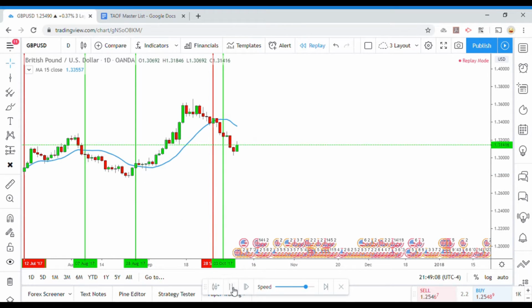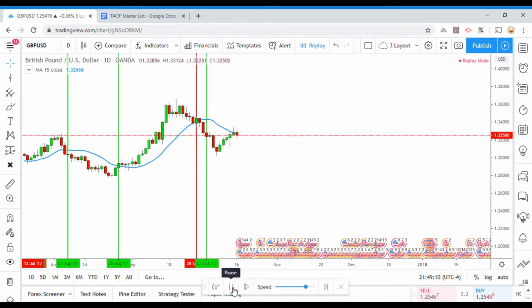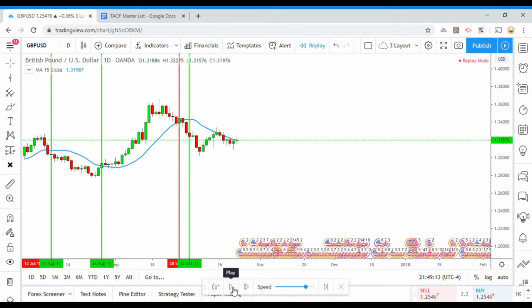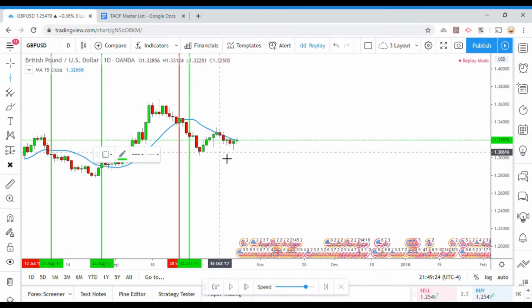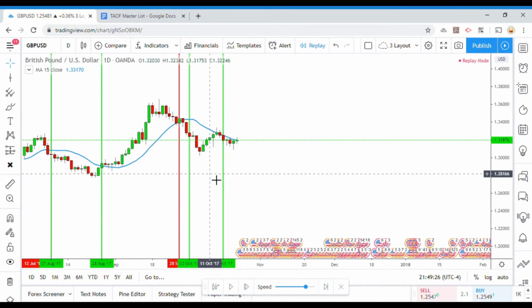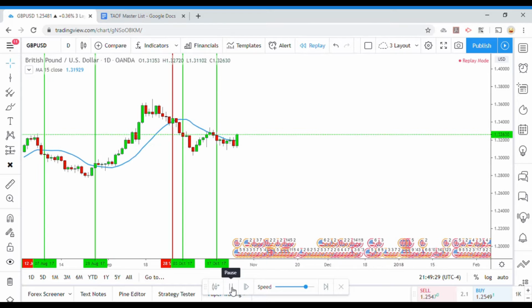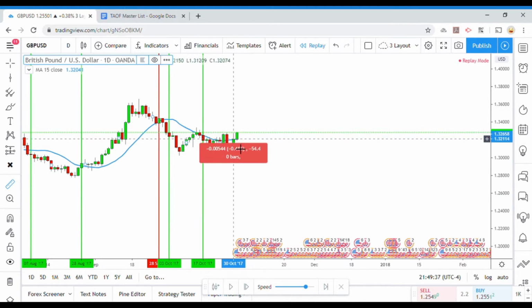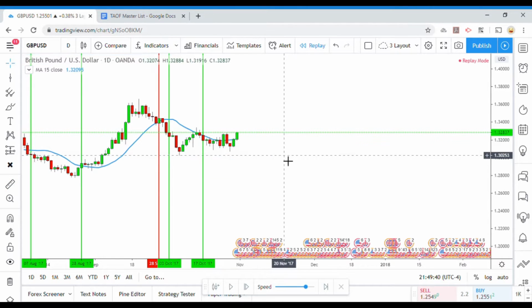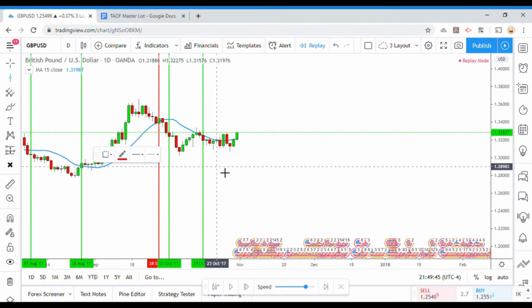Boy, and this thing's just throwing gobs and gobs of signals at us. It's like the Energizer Bunny, it just keeps going and going and going.